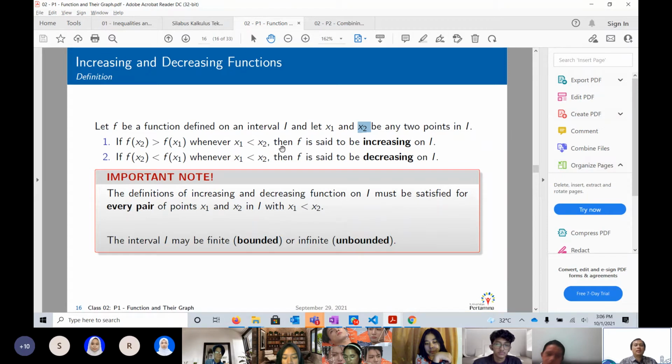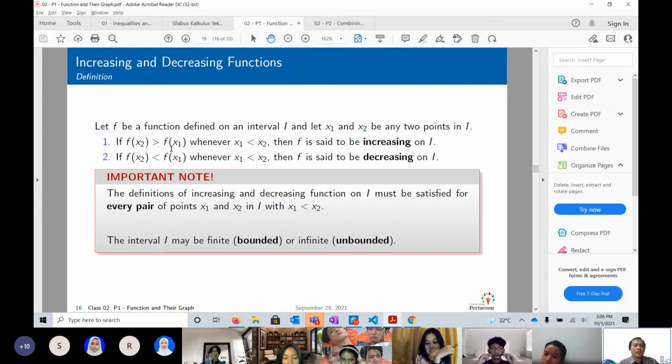Then how do we check if f is increasing or decreasing on this interval? To check it, we simply check whether, when we change the values of x1 and x2, this relation remains the same.